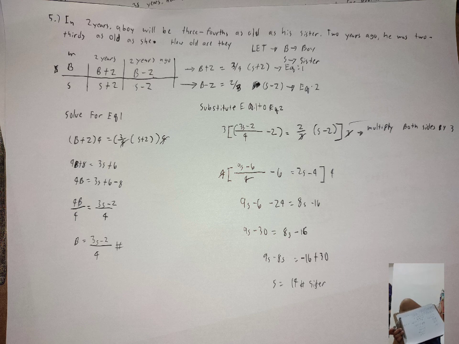Then, to substitute equation number 1 into equation number 2, so 3s minus 2 divided by 4 minus 2 equals 2/3 multiplied by s minus 2, so multiply both sides by 3.